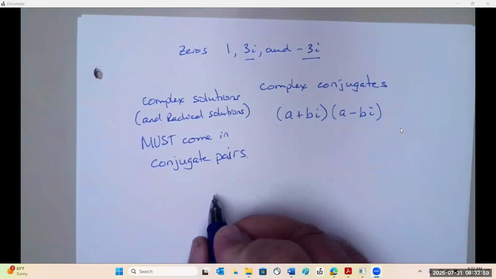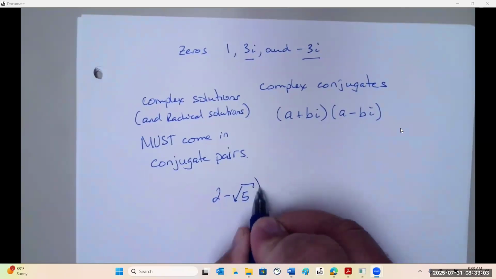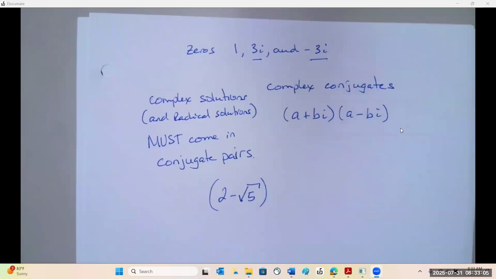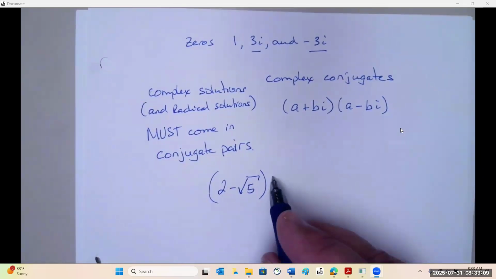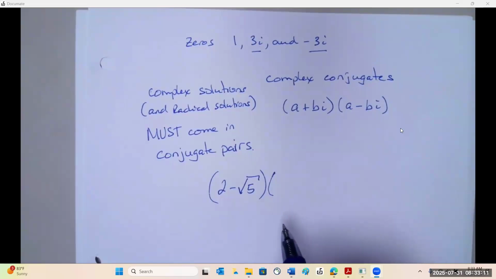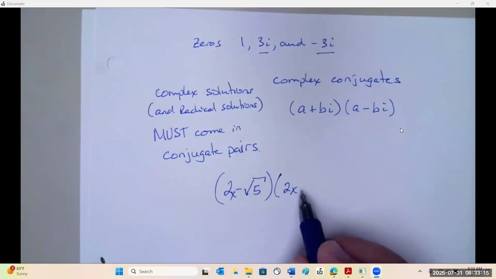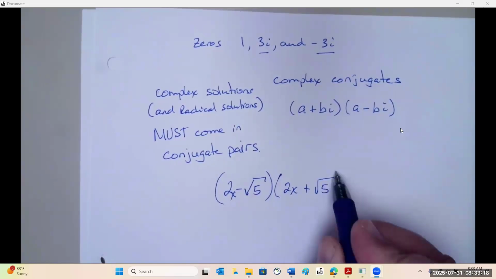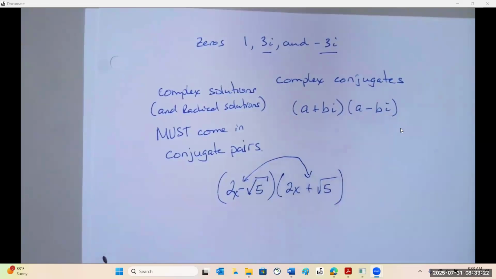Or if we have a solution that's 2 minus radical 5, what's its conjugate? That's 2 plus radical 5. The conjugate just changes the sign between them.